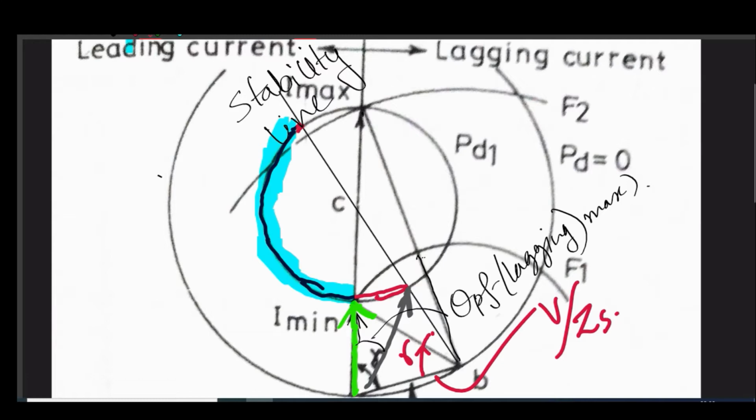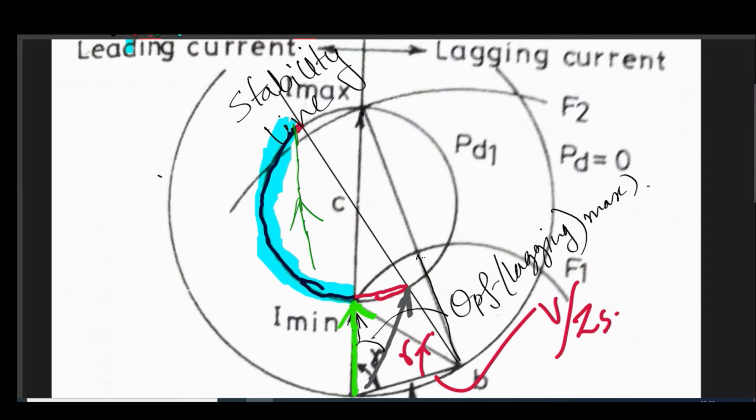But my question is that while we can have a maximum value of leading current like this much, see, this is the value of leading current that we can have for this machine.